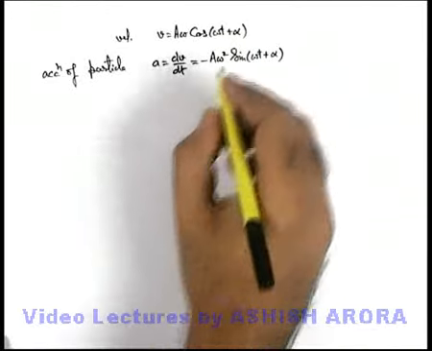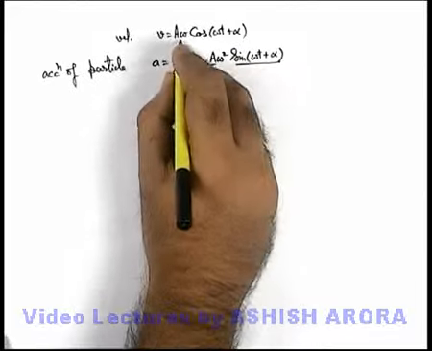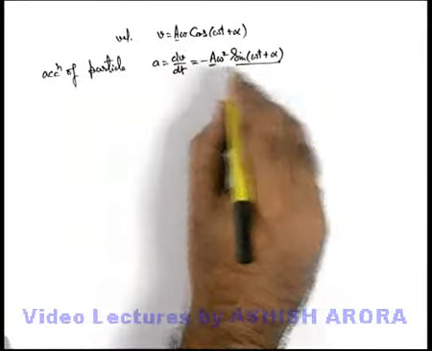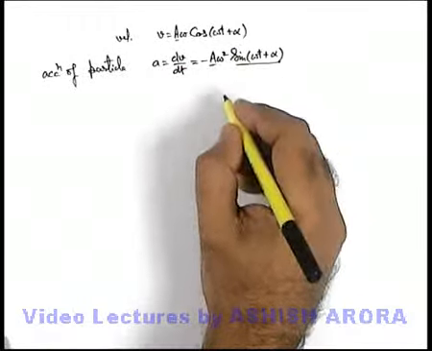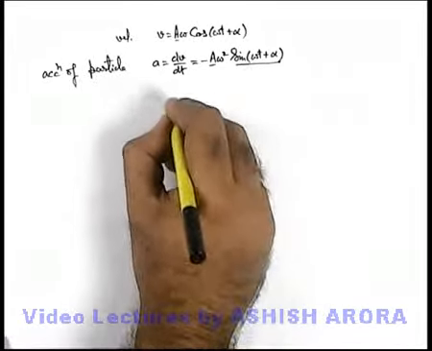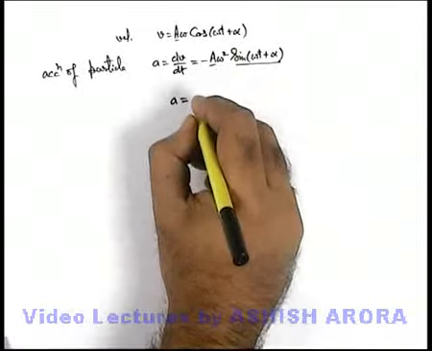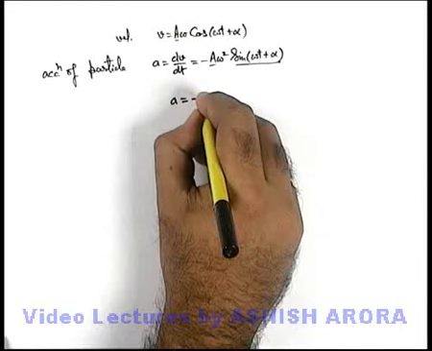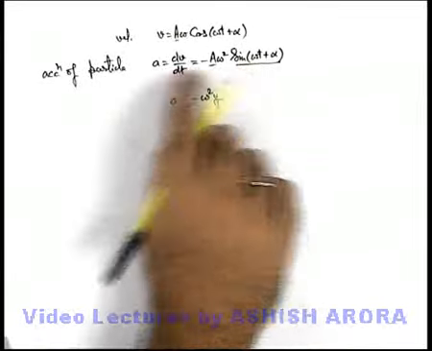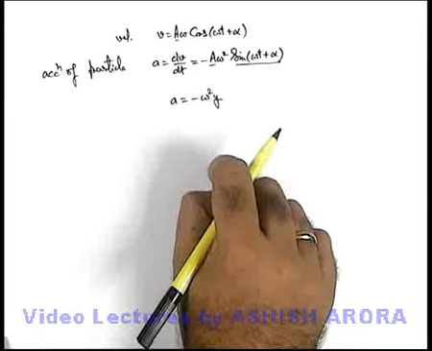Now, this a sin(omega t plus alpha) can be obtained from our general equation of SHM, which gives us y. So it will be minus omega square y, if you substitute y as a sin(omega t plus alpha).